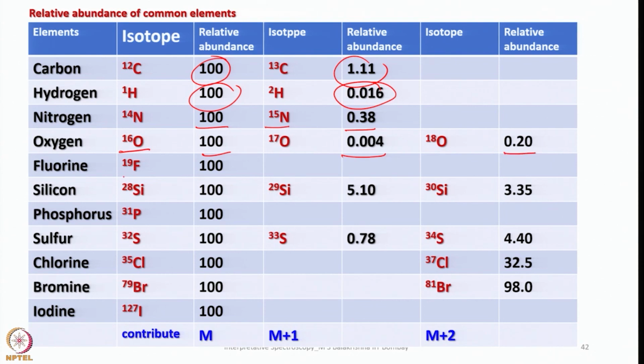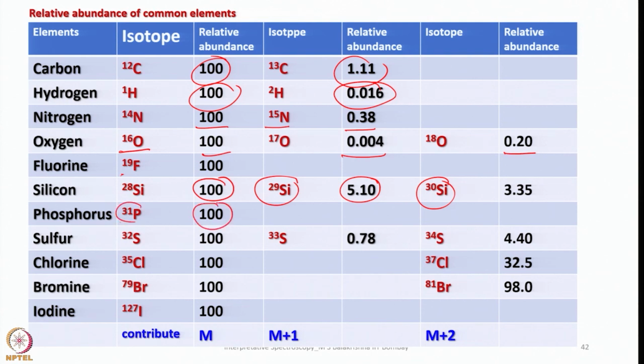In case of fluorine we have only one isotope, 19F, that's 100% abundant. In case of silicon again we have 3 isotopes: 28Si, relative abundance 100%, 29Si 5.10, and then 30Si 3.35. In case of phosphorus the only isotope is 31P, which is 100%.